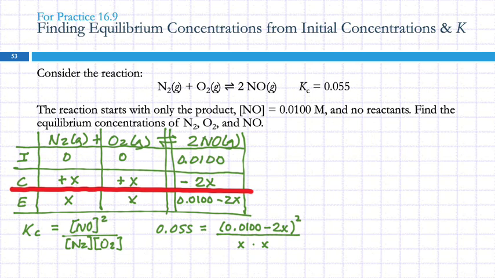Now, you do have to type it in correctly, right? So I have parentheses around this expression, so I'm going to use the parentheses when I type it in here. I've got 0.01 minus 2x. I'm going to close the parentheses and square that guy. And then down in the bottom, I can do x times x, or I could call that x squared.